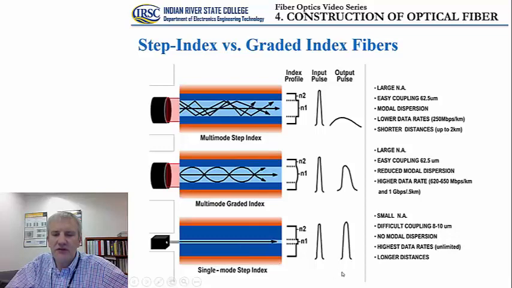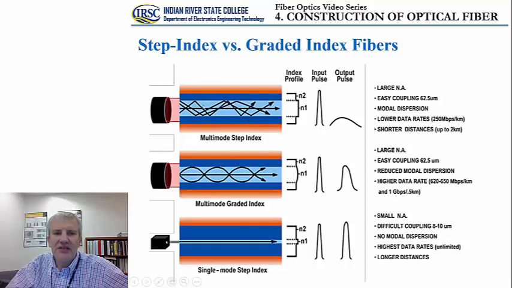The simple reason for that is that in the case of a single mode fiber, we have exclusively one mode, so the modal dispersion basically will not occur. However, in the case of the multimode fibers, we have multiple modes, and multiple modes have different trajectories in a glass core.